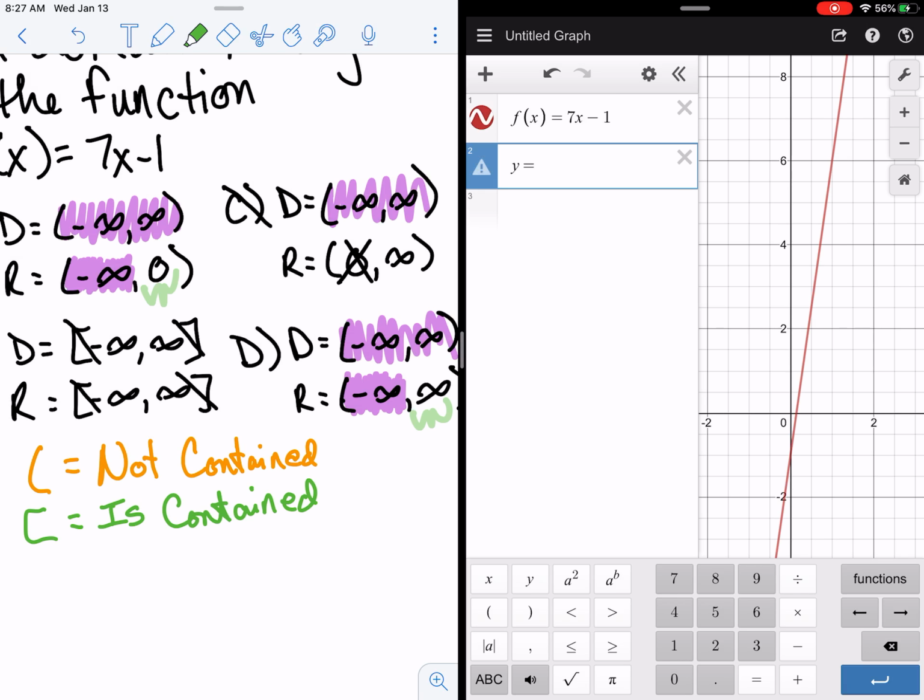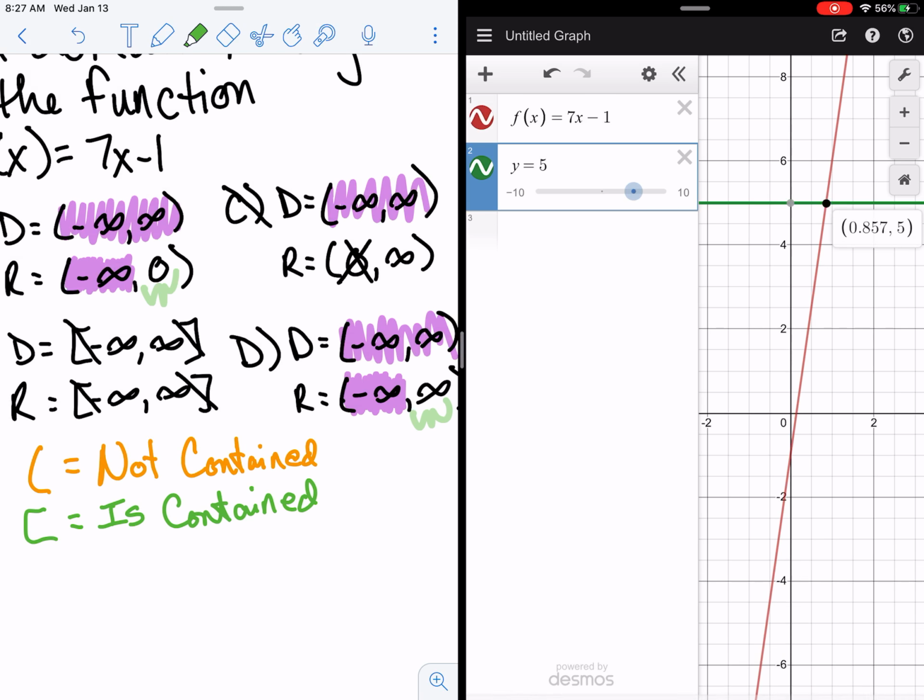If I type 5 in, this graph has a y value of 5. And so all of these values where my green line is intersecting my red line is a part of the function.